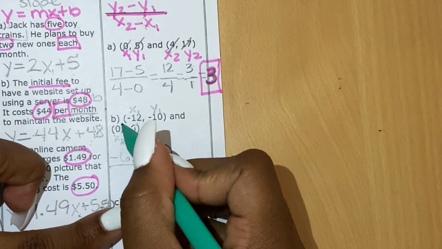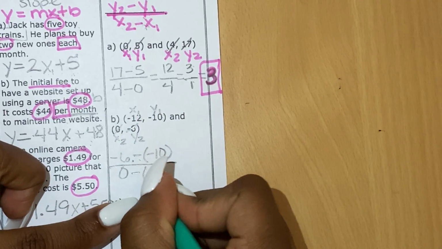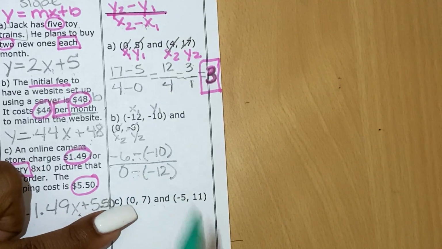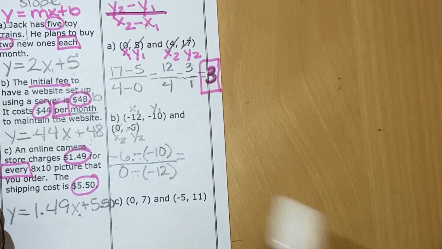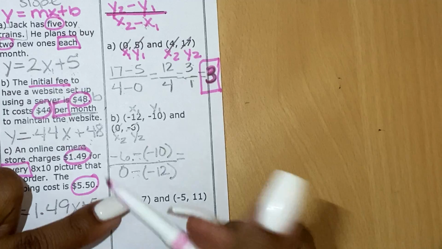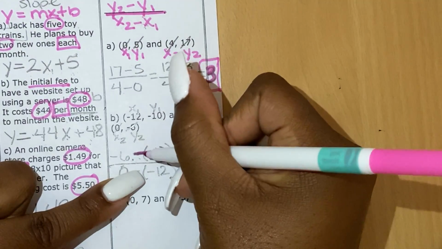Over x2, 0, minus x1. Again, put that negative number in parentheses because it comes directly behind that subtraction sign. Now we evaluate. Negative 6 minus negative 10. A negative times a negative is a positive.